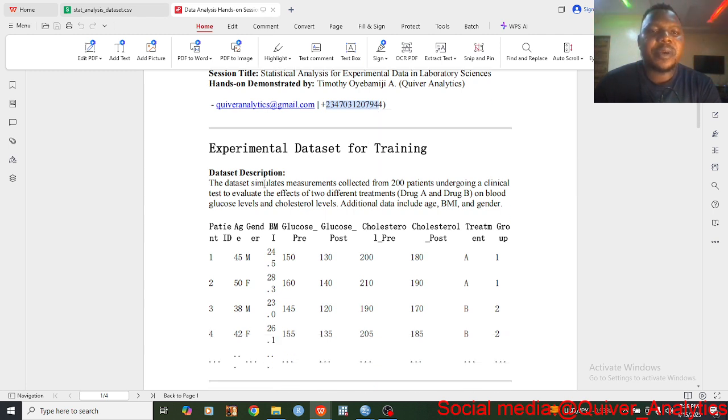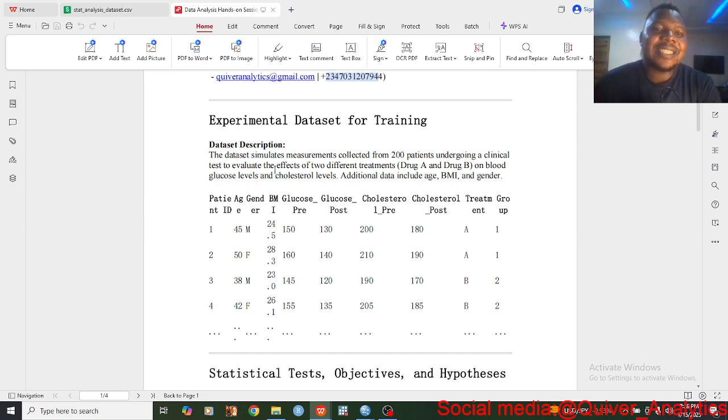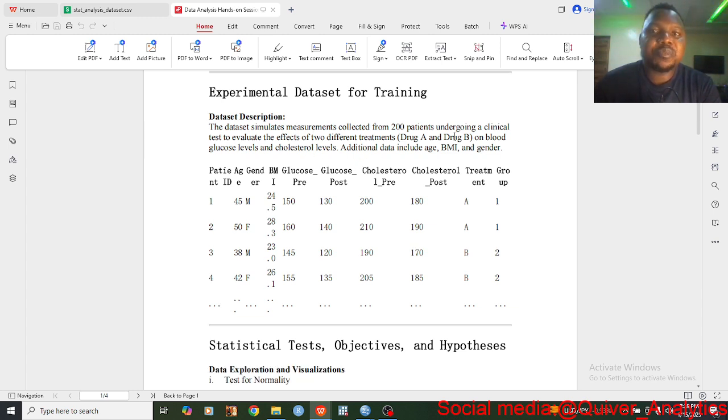Now about the data, the experimental data set for training, we have the description. The data set simulates measurements collected from 200 patients undergoing a clinical test to evaluate the effect of two different treatments, drug A and drug B, on blood glucose level and cholesterol levels. Additional data include age, BMI, and gender. This is the sample data.